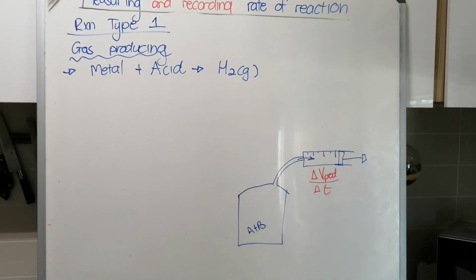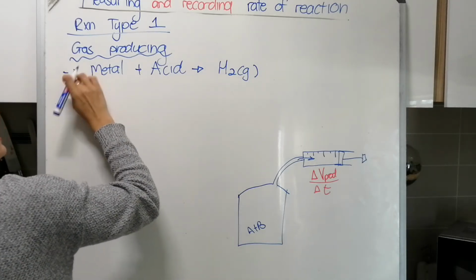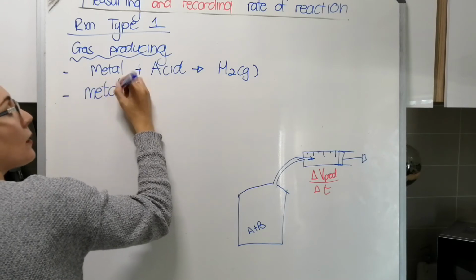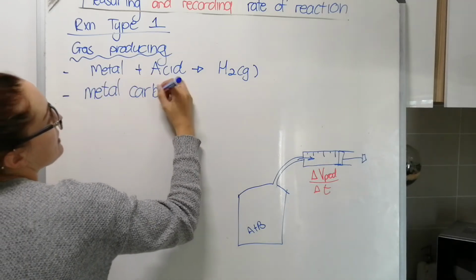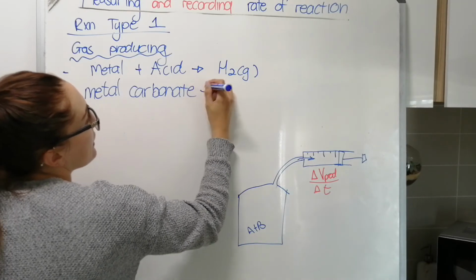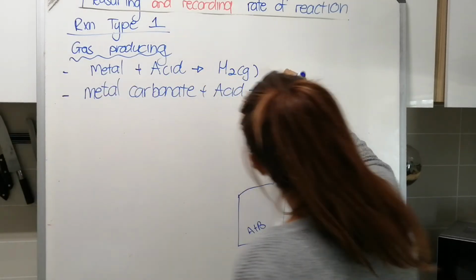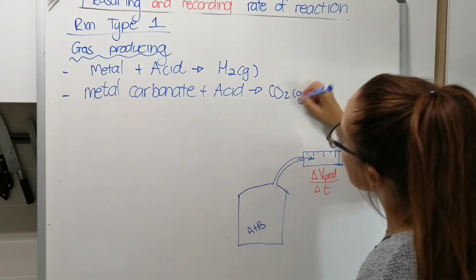The next example on there is a metal carbonate and an acid. We know this one. We did all of these in the last term of last year. So a metal carbonate and an acid will produce salt, water, and carbon dioxide gas.